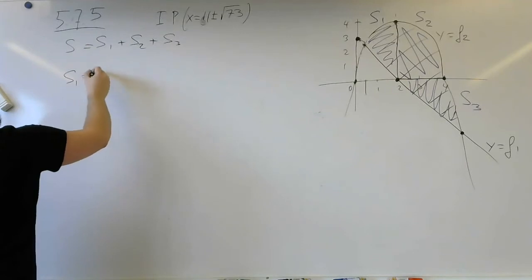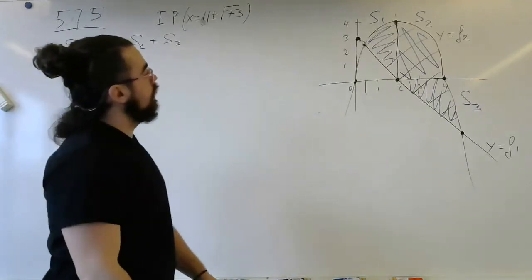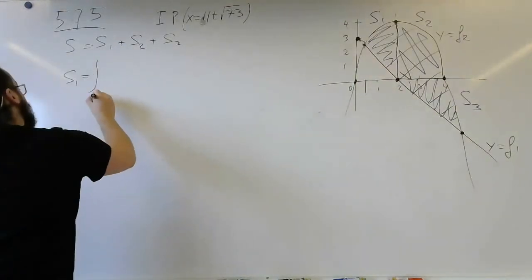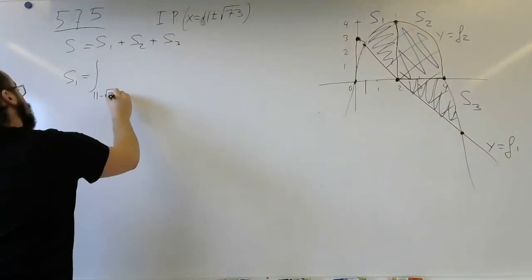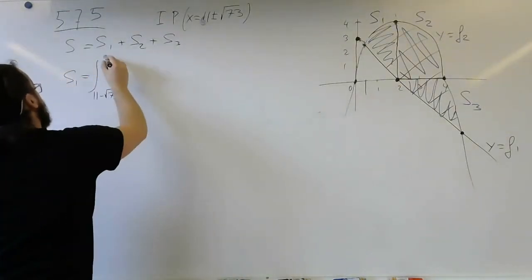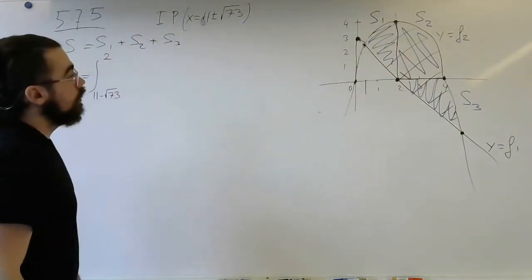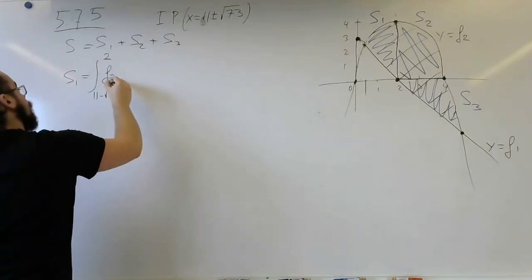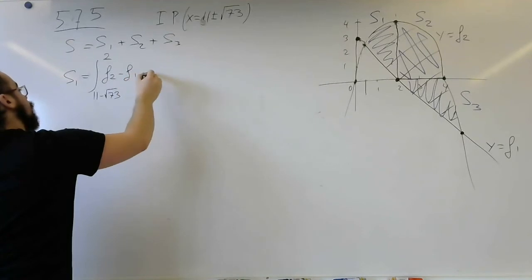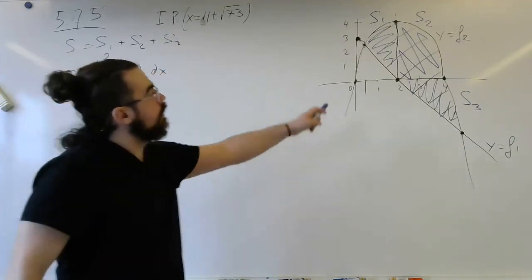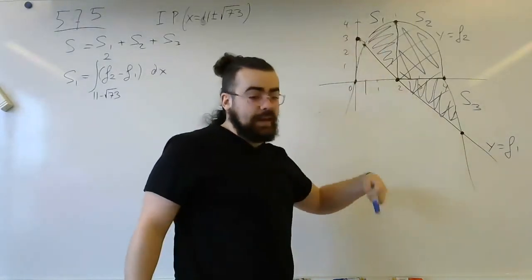Here, S1 is the integral from this point to this point of F2 minus F1. The parabola, which is above, minus a straight line, which is below.